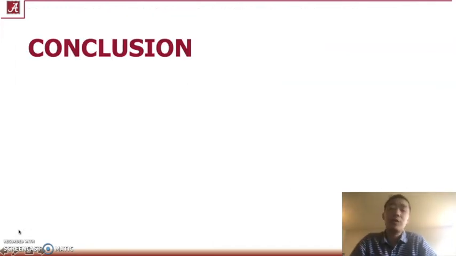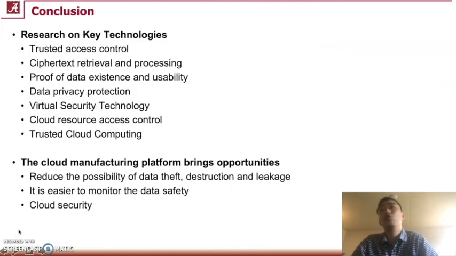Now let's move on to the conclusion. Through the description of this article, we can see that we have already proposed 7 technologies to protect the security of the key, which are trusted access control, ciphertext retrieval and processing, proof of data existence and usability, data privacy protection, virtual security technology, cloud resource access control, and the last one, trusted cloud computing.